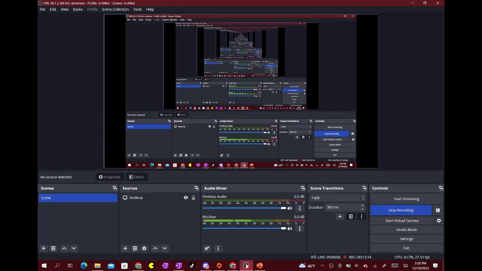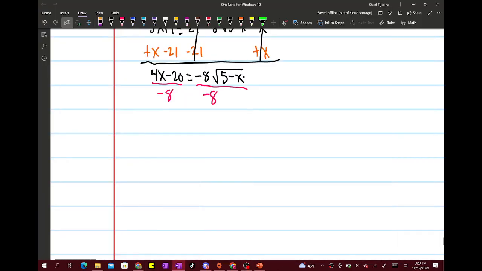And then if we factor out a 4, we have 4 times x minus 5 over 4 times negative 2, right? So this cancels out. I'm just simplifying this expression, right? And then this is going to be equal to the square root of 5 minus x.